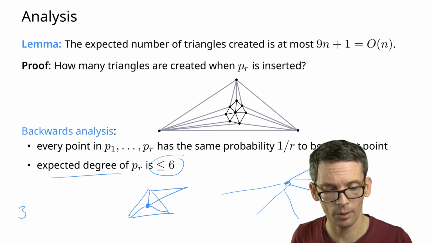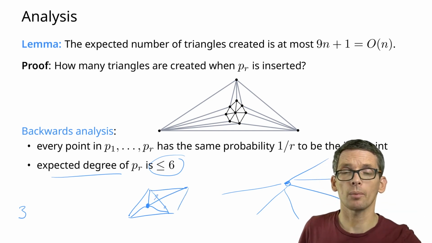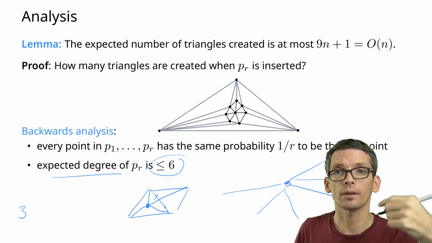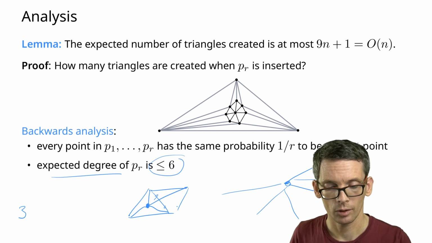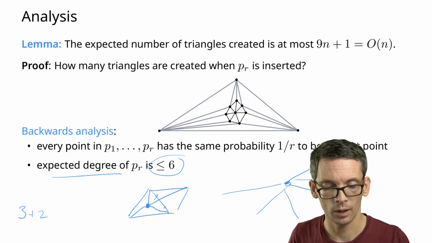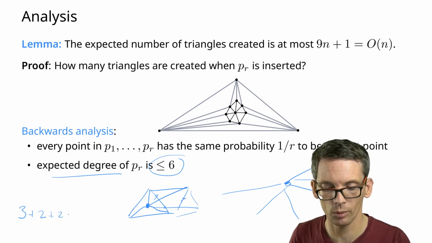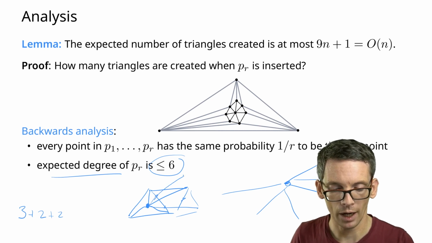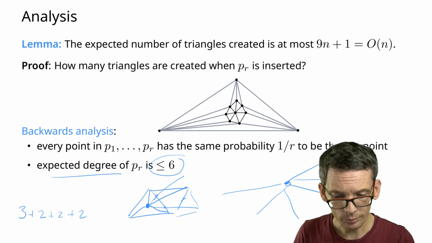With 1 flip, I would have had this situation. This increases the degree by 1, but it creates 2 new triangles, so I get plus 2. Now this gives me degree 4. I have another flip, which also deletes some triangles, but it creates 2 new ones, so plus 2. Now I have a degree of 5.